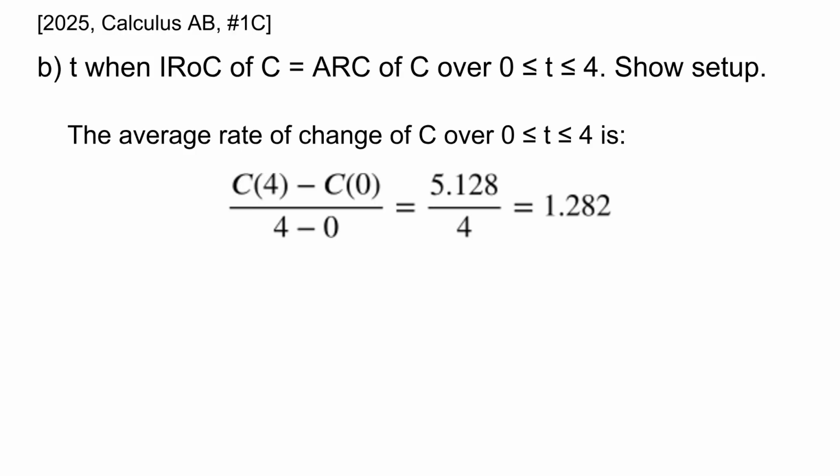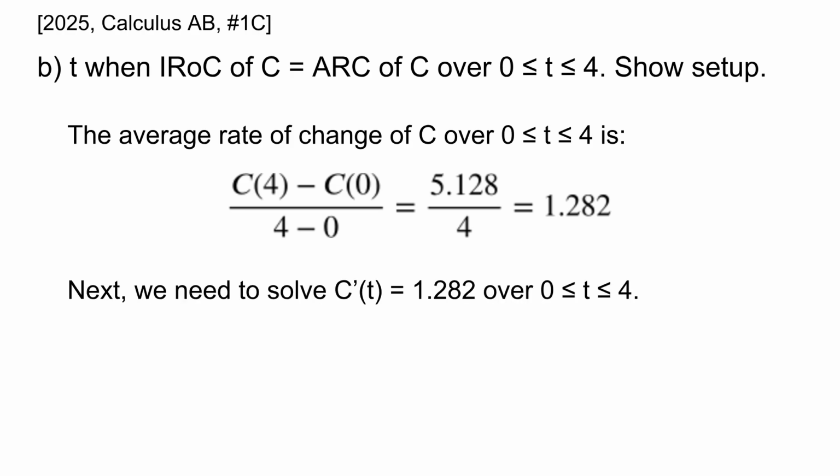Don't forget, this is a calculator active question, so you can use your calculator to evaluate c at any value that you want. Now that we know what the average rate of change of c is over the interval from 0 to 4, we need to find and solve when c prime of t is going to equal 1.282 on that same interval.